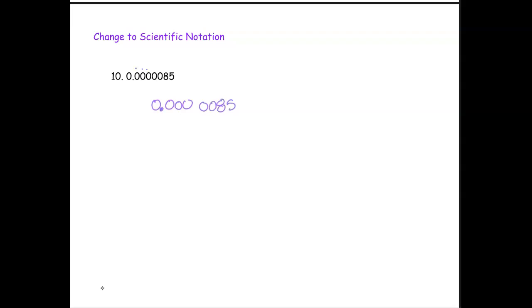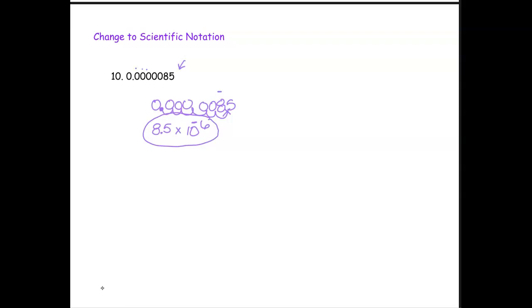Where I'm starting, where I want to end up. This is going to be my whole number. One, 2, 3, 4, 5, 6. I look at my beginning number and that's a number less than 0, so my exponent is going to be negative.